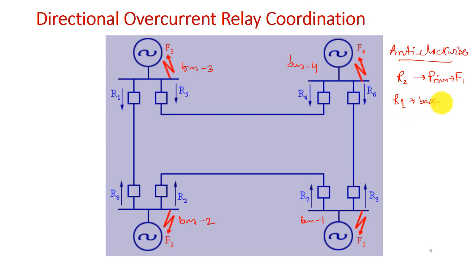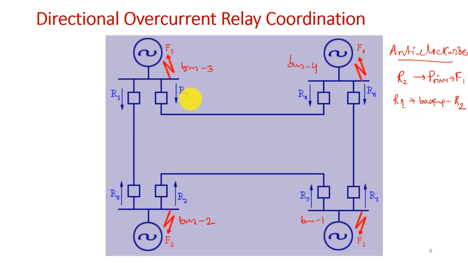Similarly, R1 will act as primary for F2, the fault at bus 2, and for R1, R4 will act as backup. This is in anti-clockwise direction, right?